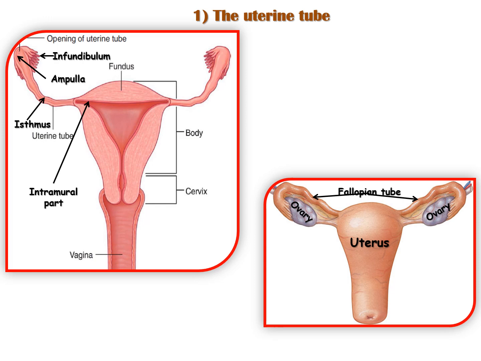So the length of the uterine tube is about 10 to 12 centimeters long. And as I'm showing here, it extends laterally from the side of the uterus as far as the ovary.